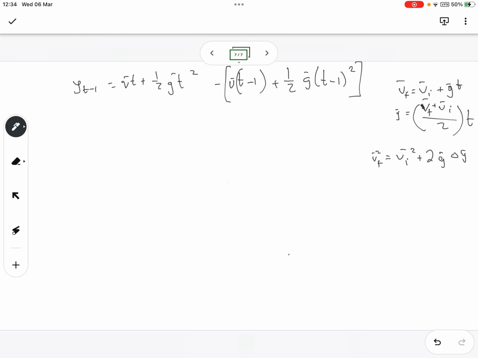Oh, so we can equate the distances covered in the first 3 seconds and the last second, but we can't equate the equations.